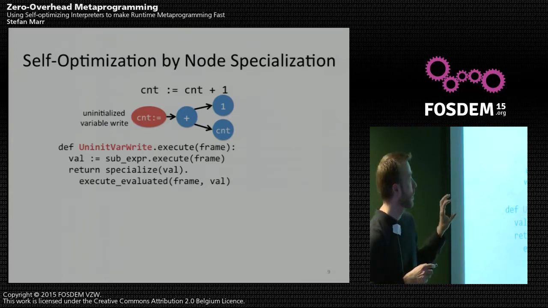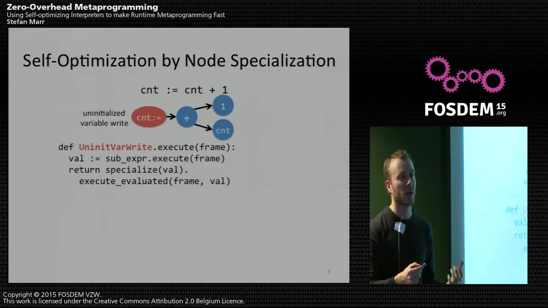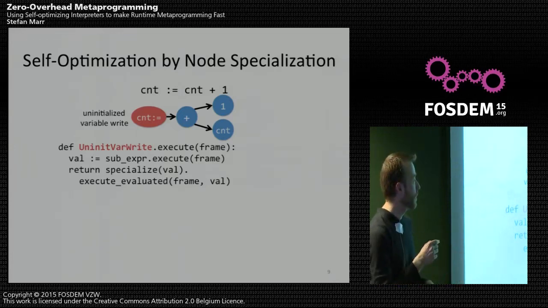So for the self-modifying, self-optimizing interpreters, we try to actually optimize each of those nodes, for instance so that they can handle integers directly. What that means in that interpreter is that we compile that little code snippet to an uninitialized version of that node.